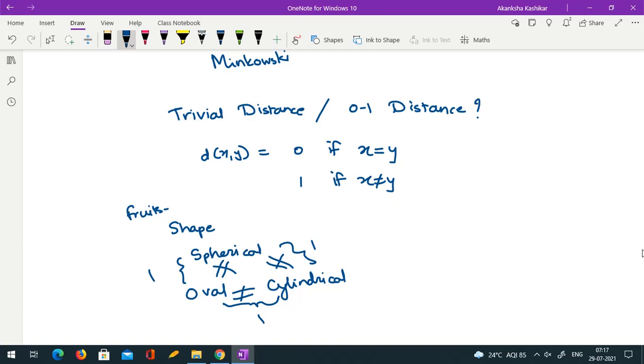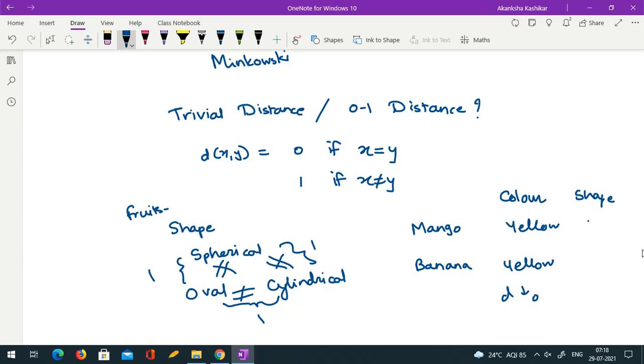Why? Because when I am talking about, say, two fruits, so let's say I am talking about mango and banana, and I want to talk about two properties, say color and shape. On the basis of color, I would say both have yellow when they are ripe, so on the basis of color they are perfectly similar. So the distance on the basis of color is 0.